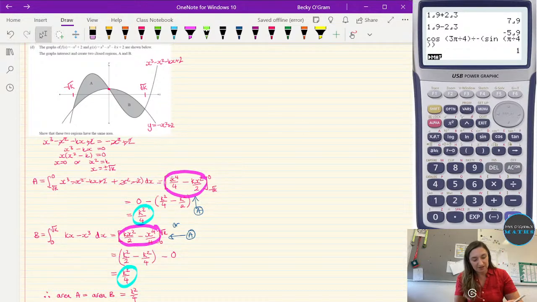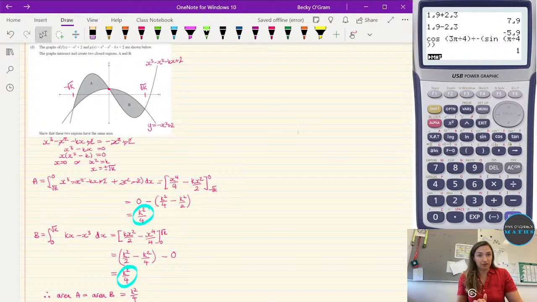Integrate both parts there. Let me just tidy that up so it's not in the way. So integrating the x cubed got us x to the 4 over 4. Integrating the minus kx gave us minus kx squared over 2. And then we substituted in the 0 and the negative root k. And that gave us the k squared over 4.